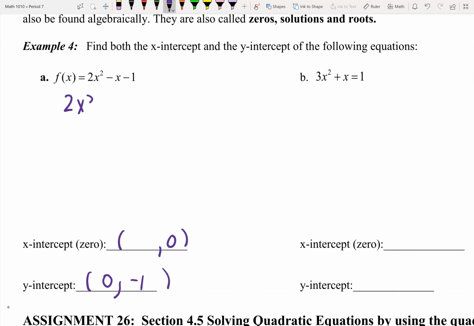Okay? To find the x-intercept, you're going to let y be 0. So everybody go 2x to the second minus x minus 1 equals 0. Now I want you to freeze right here. We're going to talk for a second, okay? If this factors, I think it's easier to factor than to use quadratic formula. Who says I agree? Okay. Sometimes the numbers are so big, like 32 and 48 and 16.